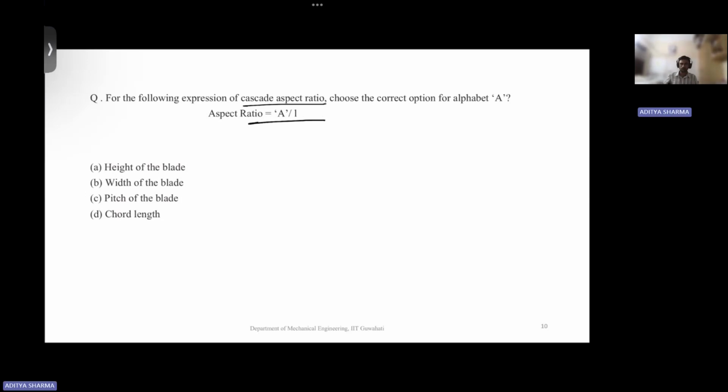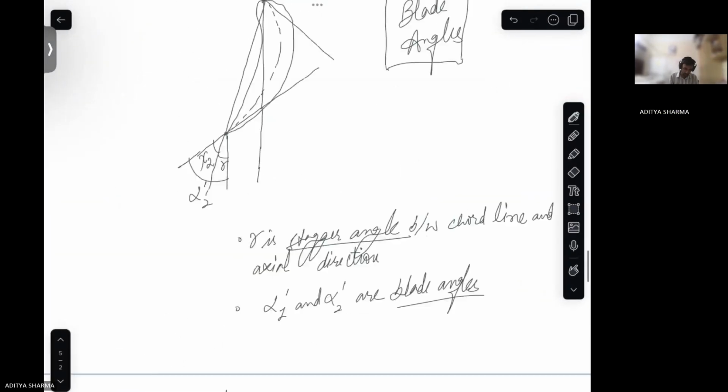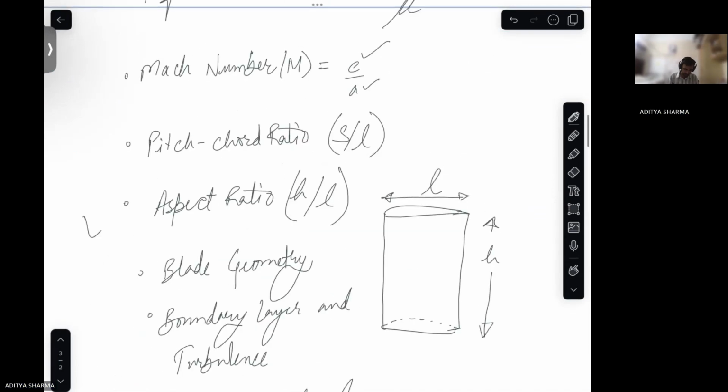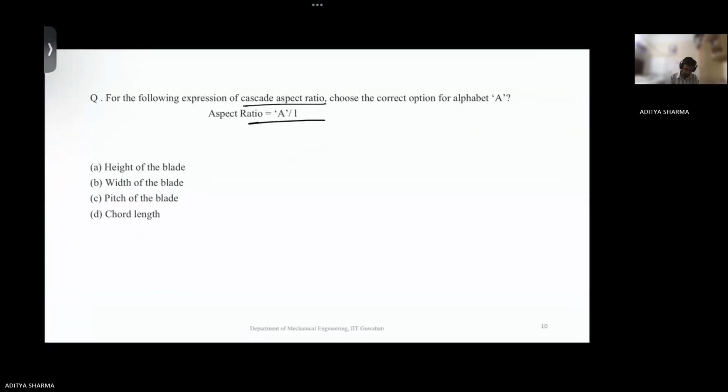So out of the four options, aspect ratio, now if you see in the cascade variables, aspect ratio is H by L. H is height of the blade. So the correct option out of these four is option number 8.